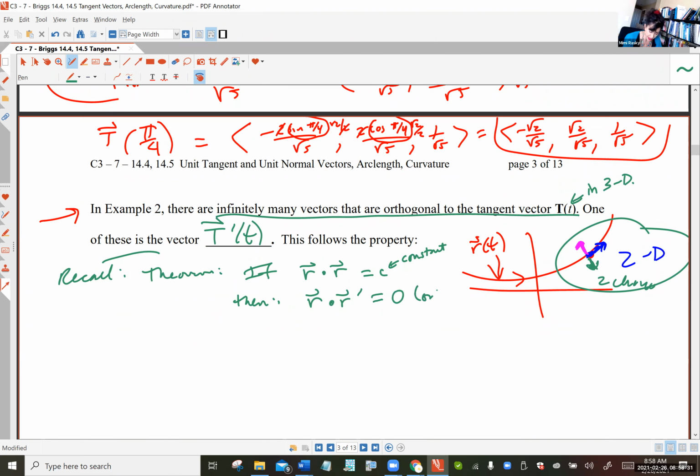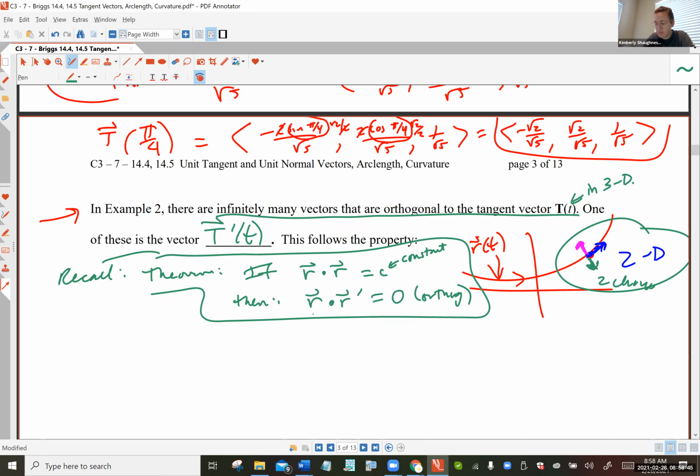So in other words, they're orthogonal to each other. The vector valued function with its derivative. Do you guys remember this theorem? Sort of? Yes. I actually proved it. In fact, I'll prove it again.